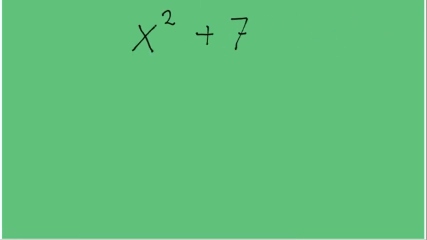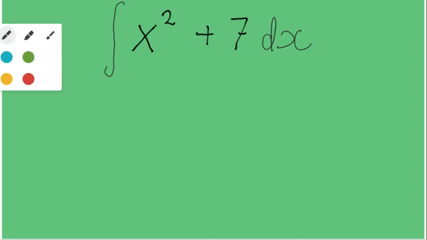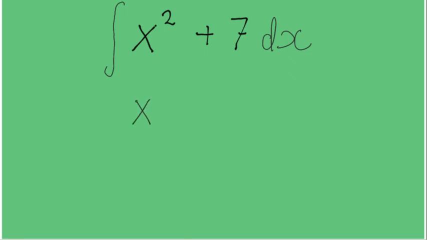So the first one I want to do is the integral of just a straightforward function, x squared plus 7 dx. Okay, so let's apply the rule now, and the x squared will become x cubed over 3, so plus 1 at the power, and the denominator goes below, and the 7 is a constant, so 7 by x will give you the area, so 7x.